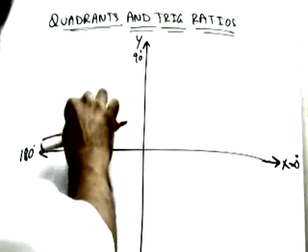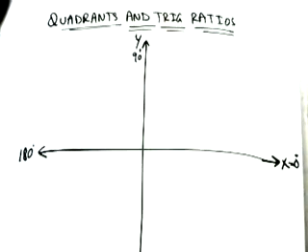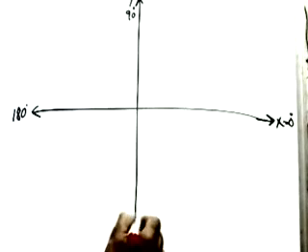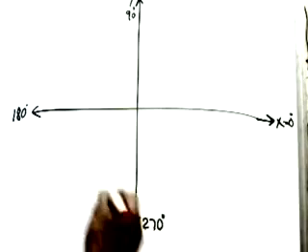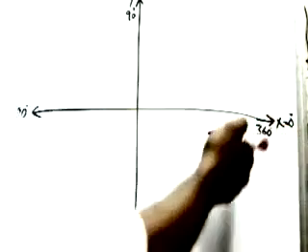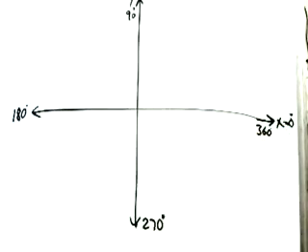So we can also say that the angle of a straight line is 180 degrees. Again, if you go here, it will be 270 degrees. Again, if you increase here, this will be 360 degrees. So 360 degrees is one complete rotation, and 0 degrees and 360 degrees are the same here.